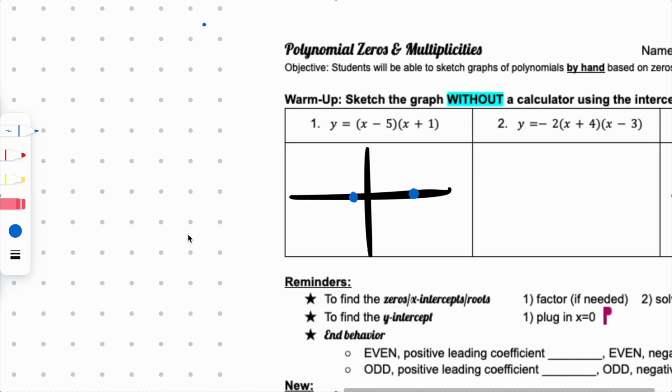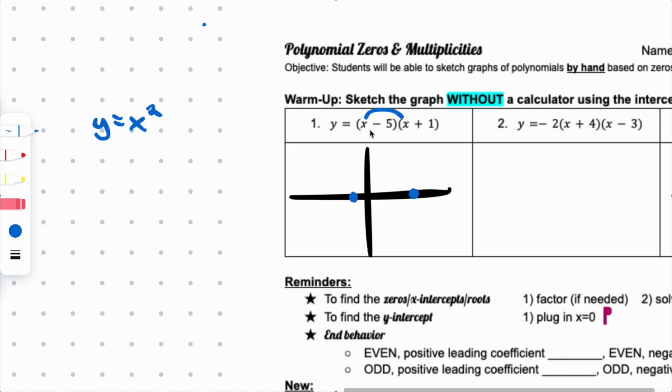Now, to help us, I'm going to switch to standard form. This is where being able to manipulate your polynomial functions comes in handy. So we want to FOIL. We multiply this x by this x and we get x squared.